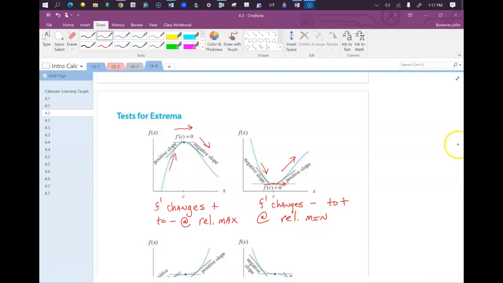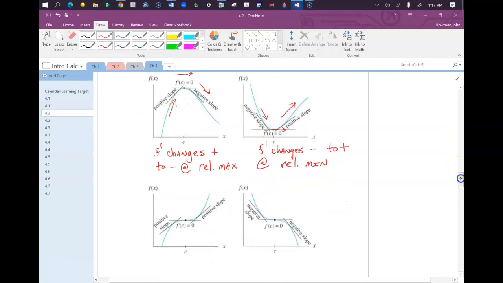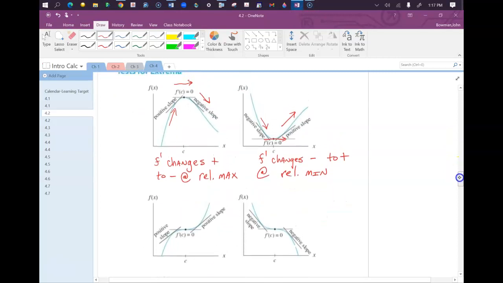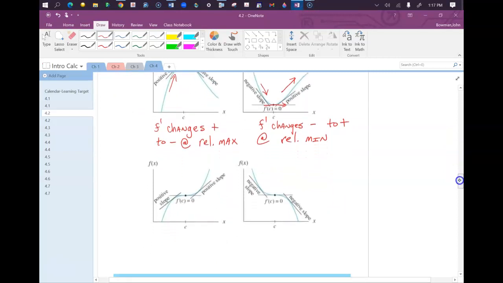You need to be careful about saying f prime is 0 at a maximum or minimum. That may or may not be true. So, for example, in the graphs of f below, to the left of where f prime is 0, f prime is positive, then f prime goes to 0, but then f prime goes positive again. That is not considered a relative maximum.